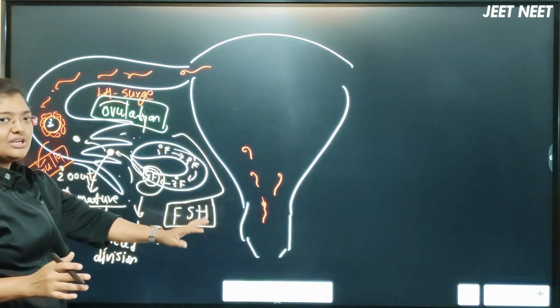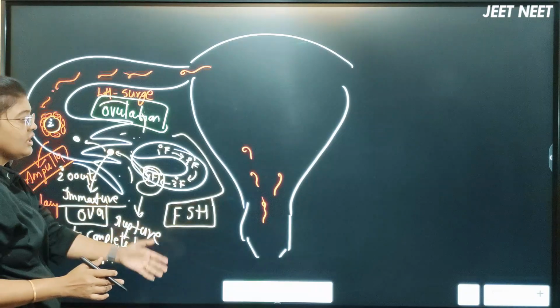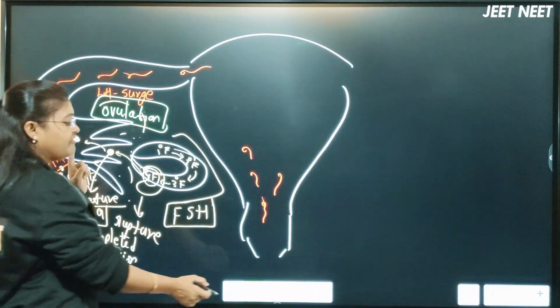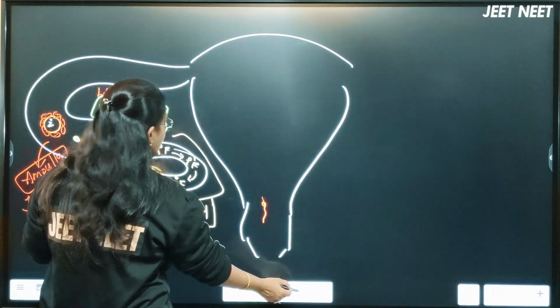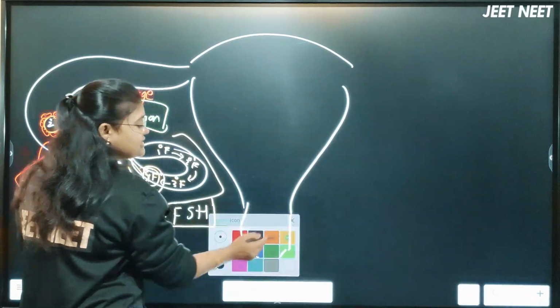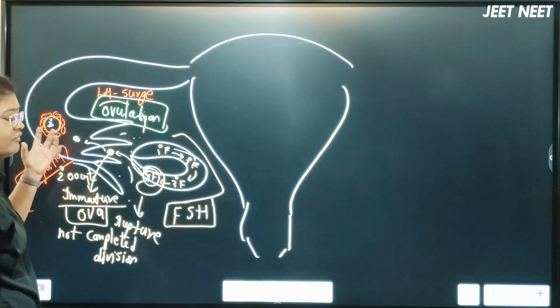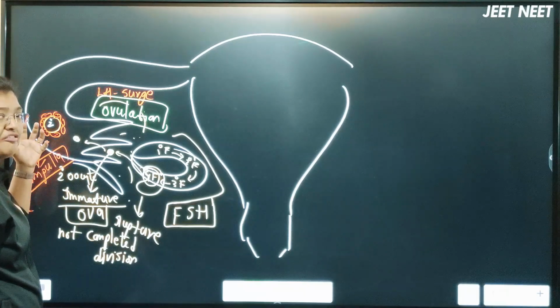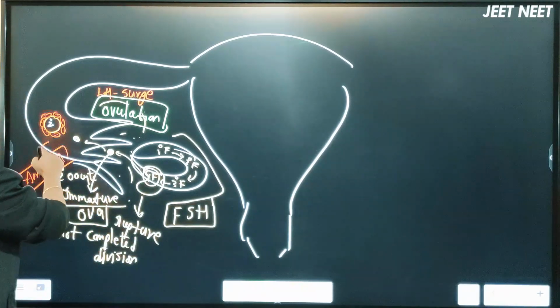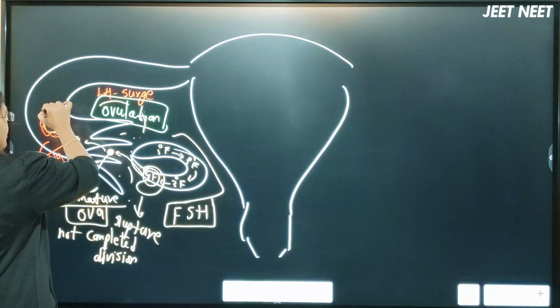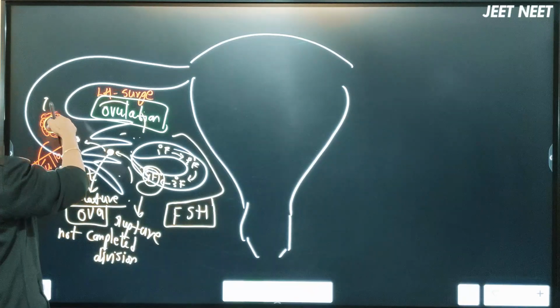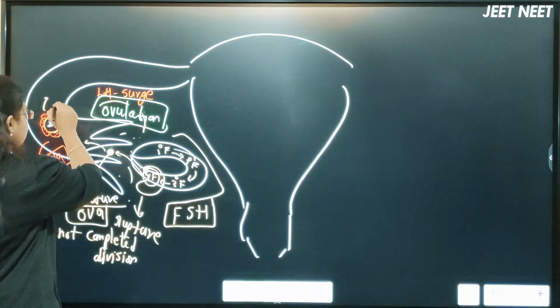How this will happen we'll discuss in the further videos also. But if fertilization does not happen, then what will happen to this ovum which is waiting in the ampulla for the purpose of fertilization? One day it will wait here. If it does not happen, it will start movement from the ampulla towards the isthmus.